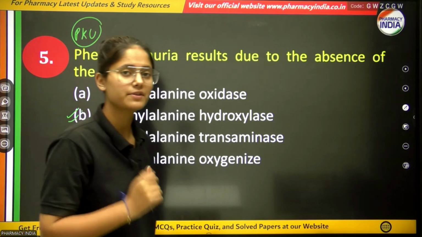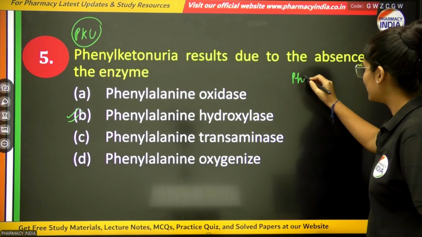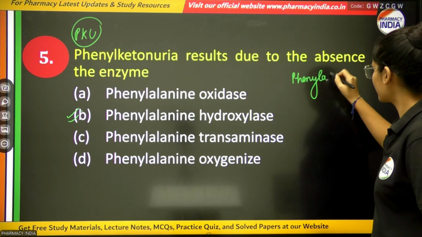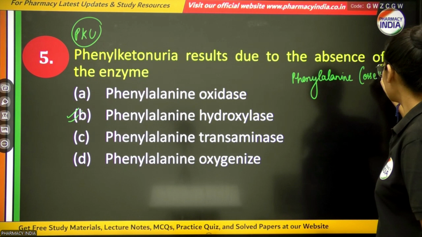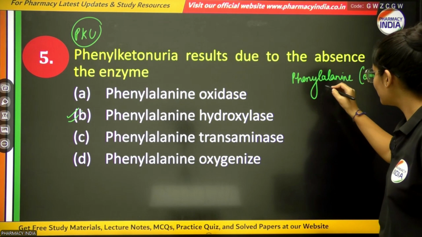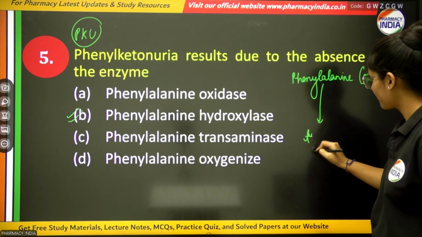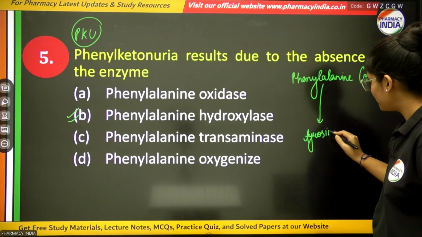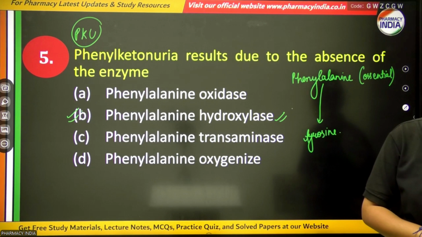Now, what is phenylketonuria? See, your body contains phenylalanine, which is an essential amino acid. Phenylalanine gets converted into tyrosine with the help of this enzyme, which is called phenylalanine hydroxylase.